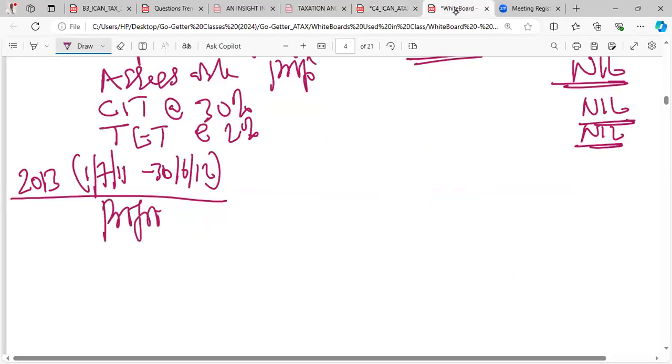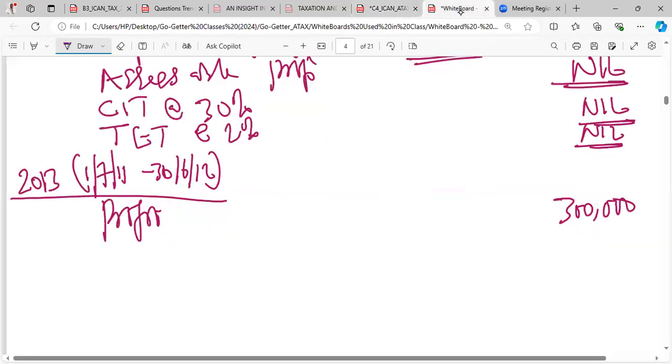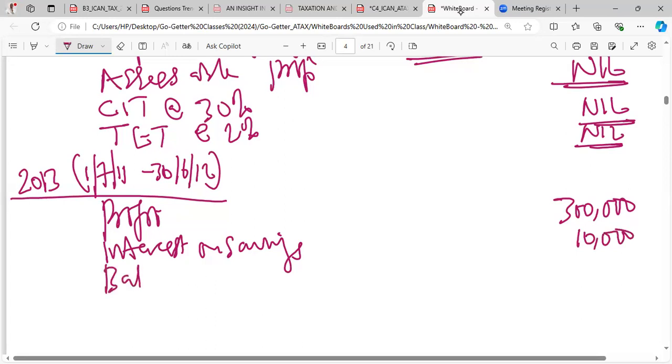Interest on savings 10,000. Balancing charge 3,000.